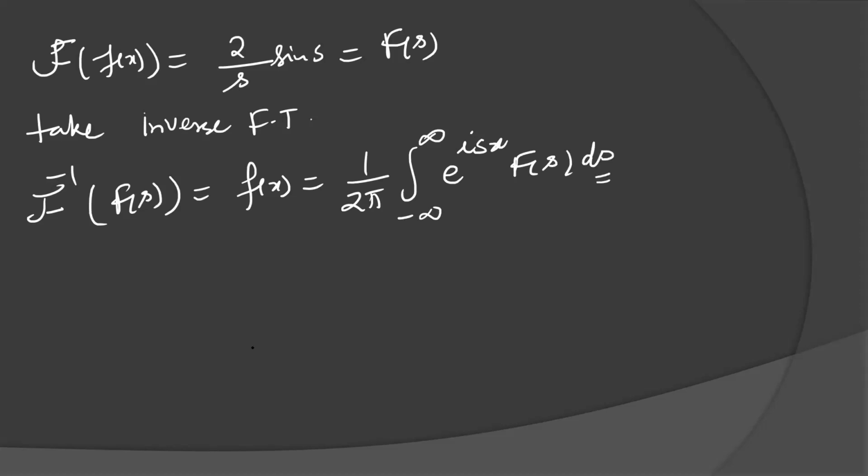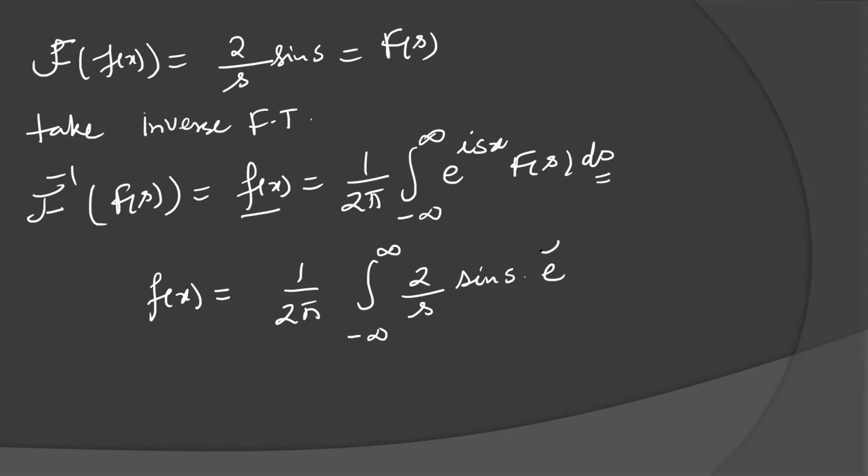Here we have to differentiate with respect to ds only. We don't know the value of f(x) because it is given in the interval minus infinity to infinity. F(s) is 2 over s sin s, and e to the power isx ds.